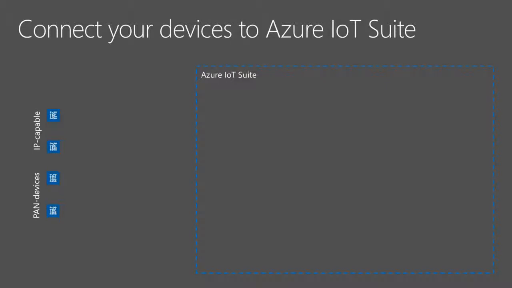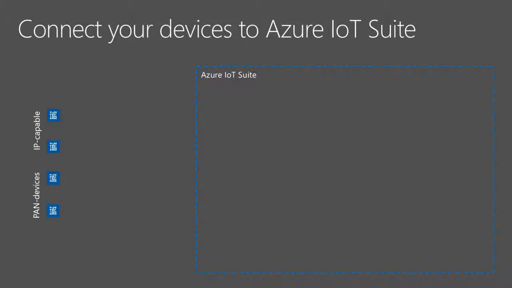Azure IoT Suite contains many components and has many capabilities. Usually you want to connect devices to your application backend, and that is the first step that gets you started in your IoT solution. There are many kinds of devices, of course.